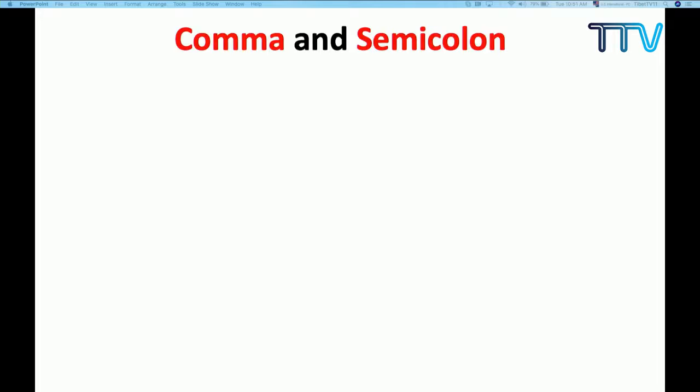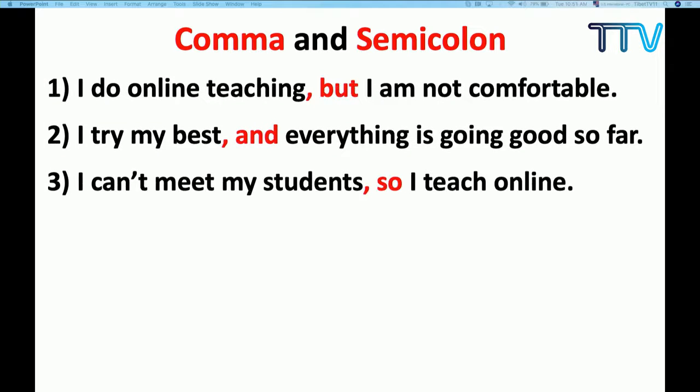Now, when we combine two simple sentences in order to make a compound sentence, we make use of a comma and a semicolon. Let us look at this: I do online teaching, but I'm not comfortable.